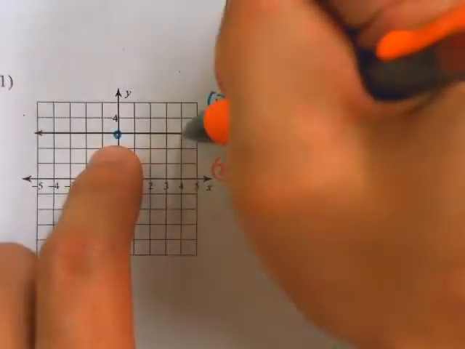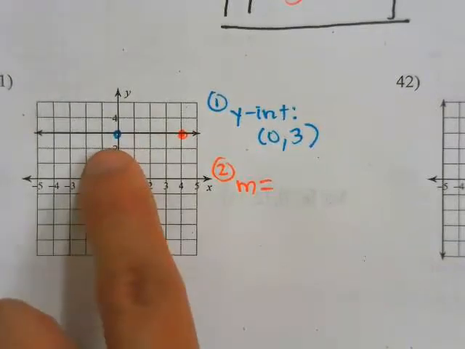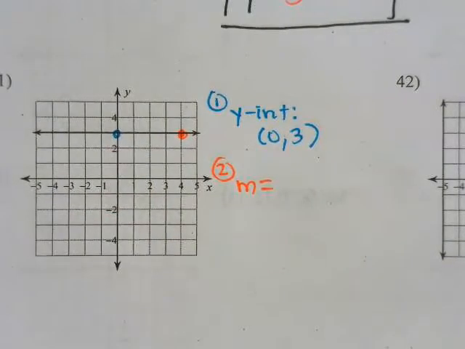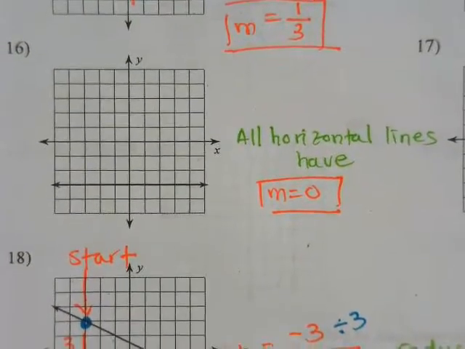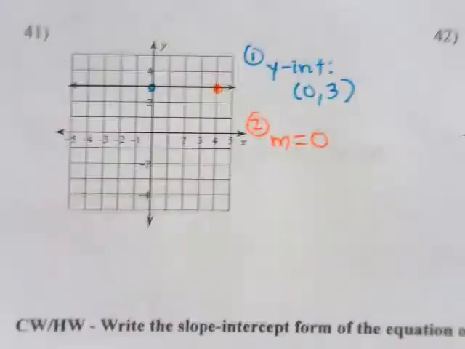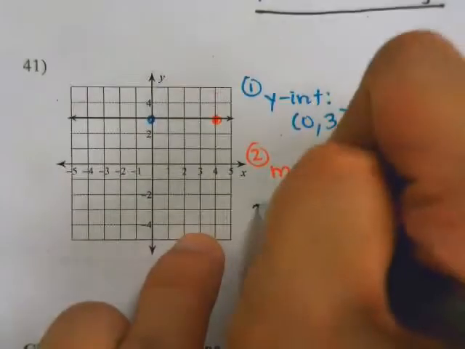You could use the slope formula, y2 minus y1 over x2 minus x1 to find the slope. But this is a horizontal line, you guys. What is the slope of all horizontal lines? 0 on number 16. So, if you guys know that the slope of a horizontal line is 0, you just put that, 0. But what's the equation, though?